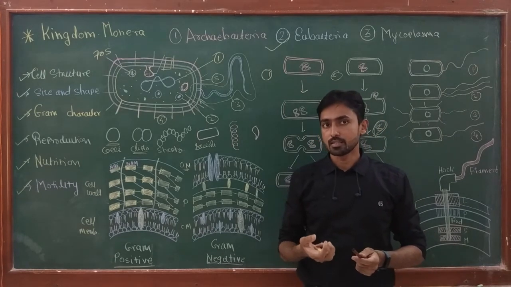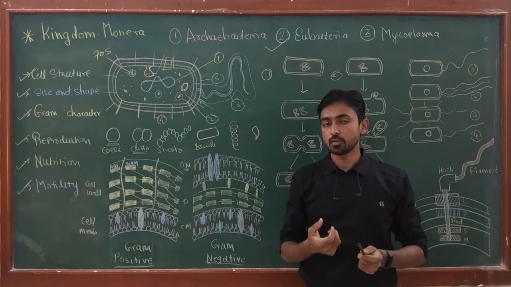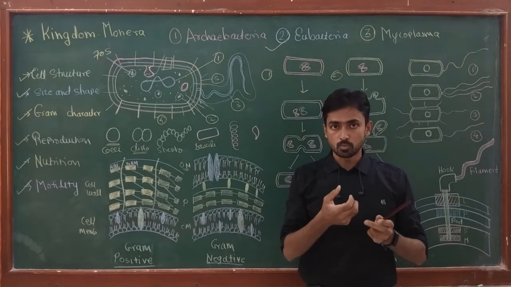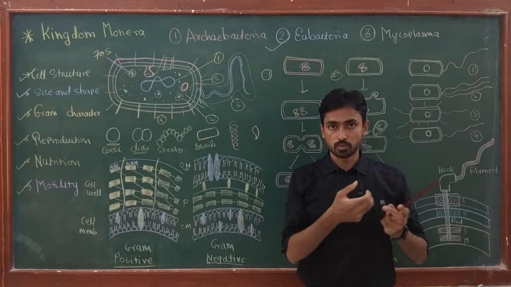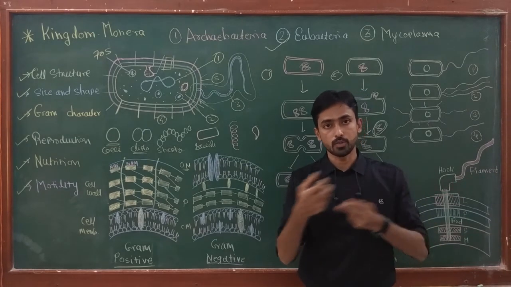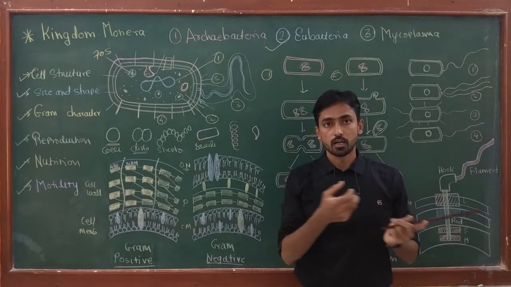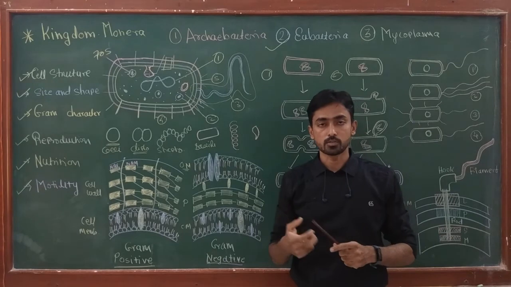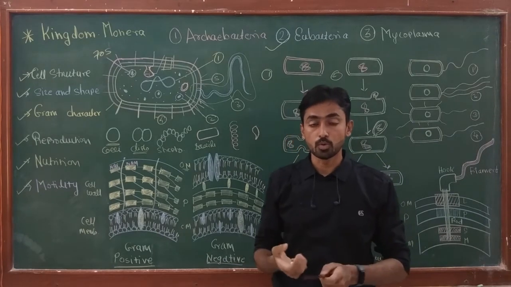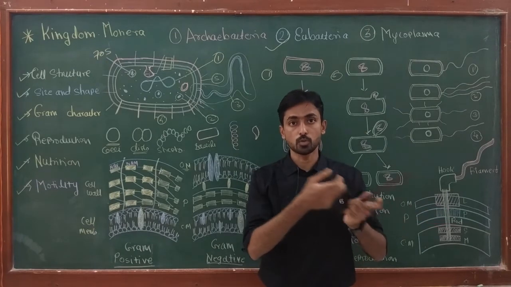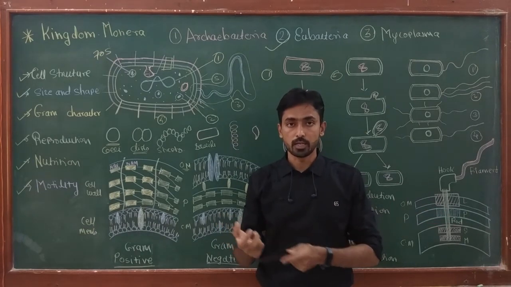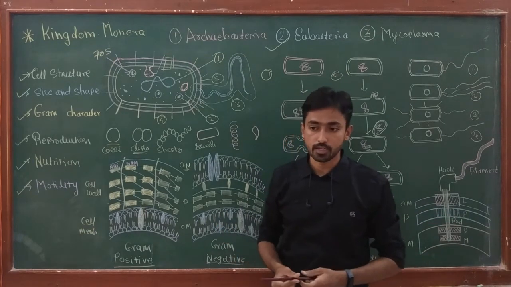When we consider chemotaxis, it is the process in which bacteria move from one side to another by chemical signal, like from a site of low nutrient content to a high nutrient content site. It is called chemotaxis. Sometimes bacteria move from a region of high toxin concentration to low toxin concentration with the help of flagella, and this is also called chemotaxis.